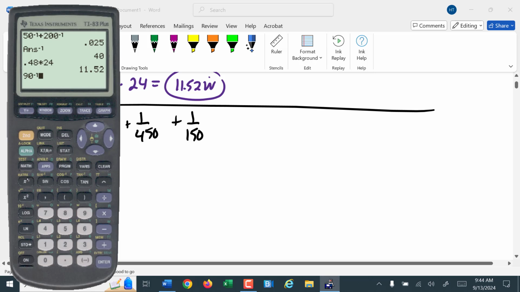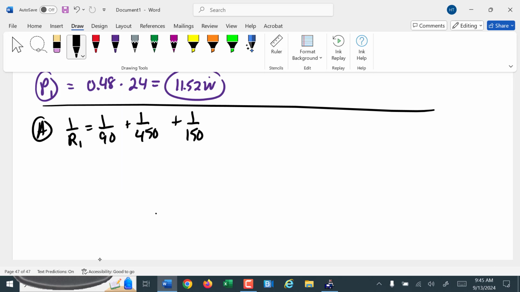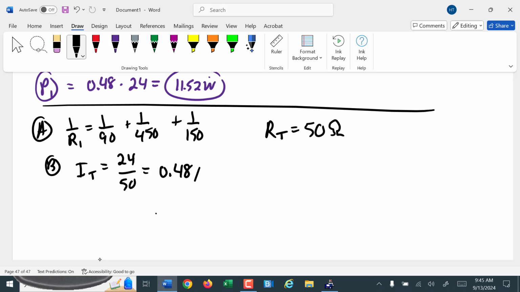So 90 reciprocal plus 450 reciprocal plus 150 reciprocal equals, we have 50 ohms is our total resistance. So then for total current, voltage divided by resistance, yes, 24 divided by 50 is 0.48 amps, or 480 milliamps.